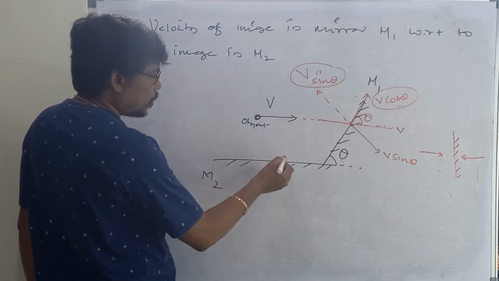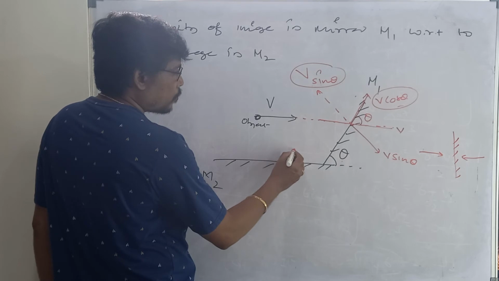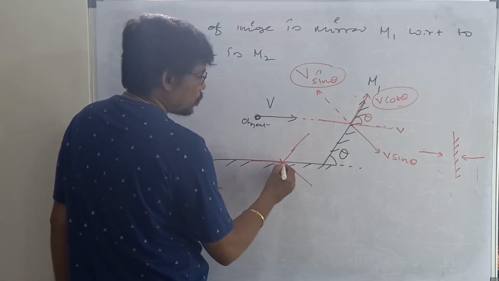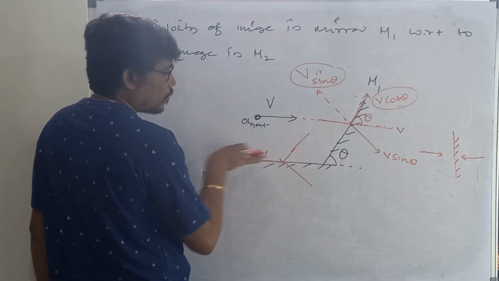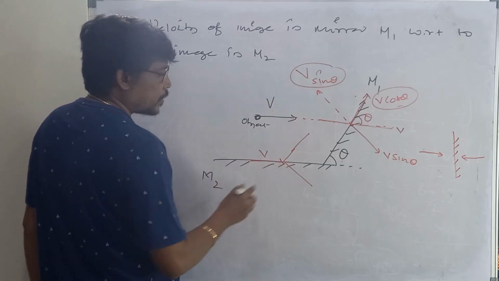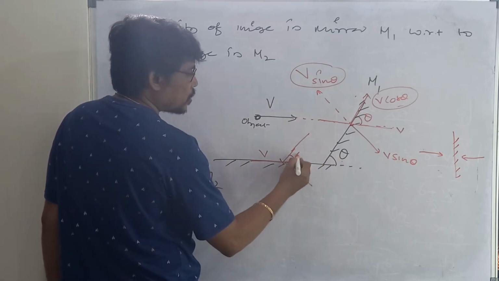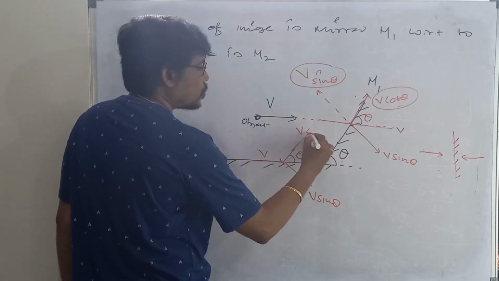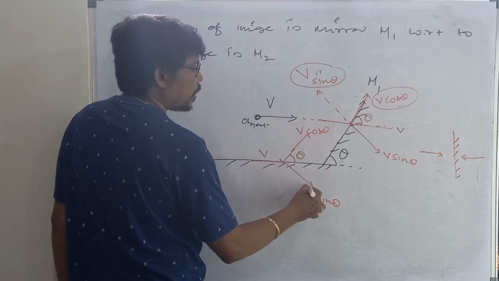Now about M2, the object is moving in this direction. So this is theta, of course, right? This is v sin theta and this is v cos theta. See carefully the components.